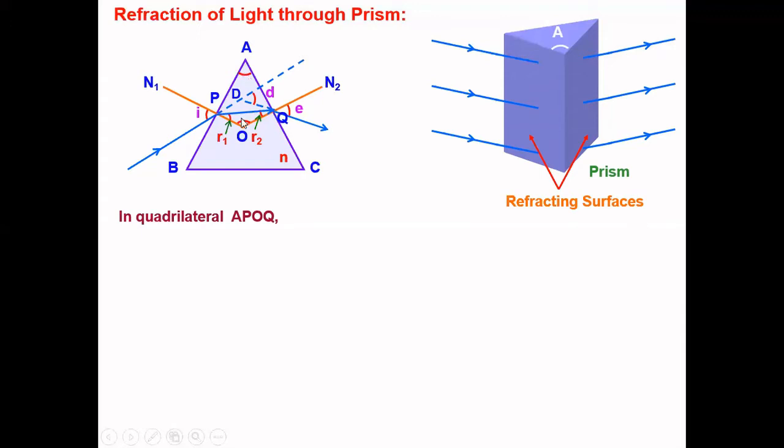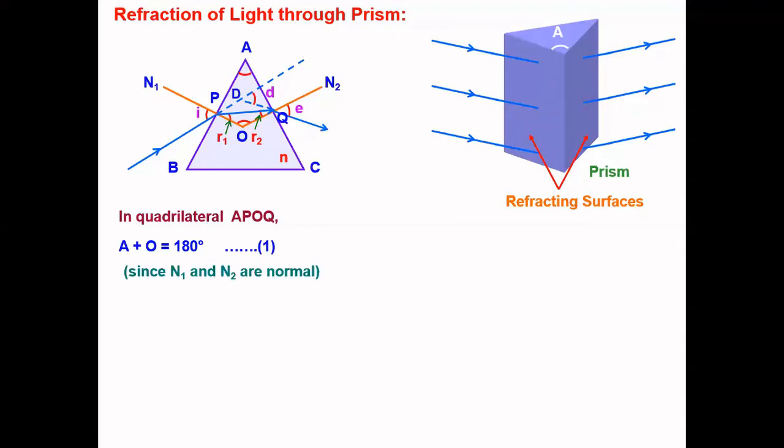Only A and O are not 90. So angle A plus angle P plus angle O plus angle Q equals 360 degrees. But we already know this is 90 and this is 90, so angle P plus angle Q is 180. So for angle A plus angle O, 360 minus 180, we get 180. So angle A plus angle O is equal to 180 degrees. That is what we can write from the quadrilateral.